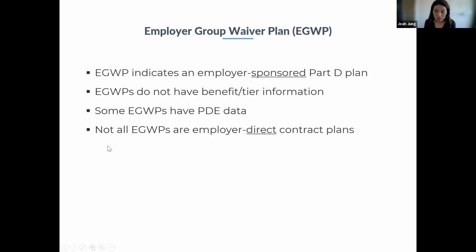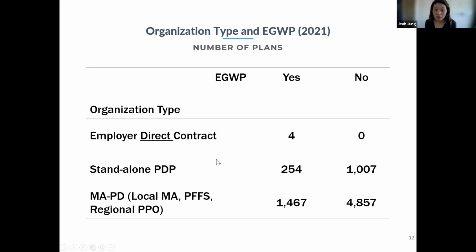Another thing to keep in mind is that not all EGWIPs are employer direct contract plans. So what is this EGWIP? Yes and no. If you see the first letter of the contract ID of these EGWIPs, you will find a lot of H or S, which means that some are MAPDs and some are standalone PDPs.